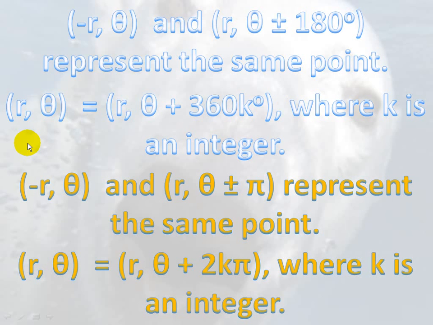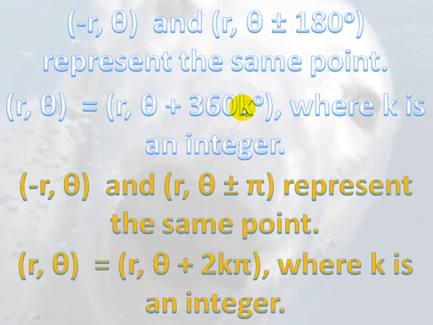So, for example, if I have r, theta, those coordinates describe the location of a point. Well, if I add 360 to theta, that's a coterminal angle to theta, so that also describes the location of the point. If I add 360 times 2, that also describes the location of that point.